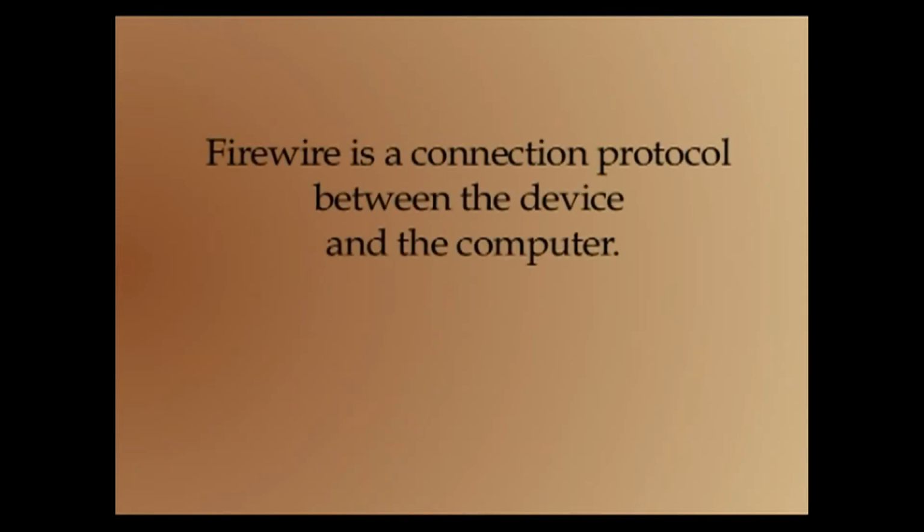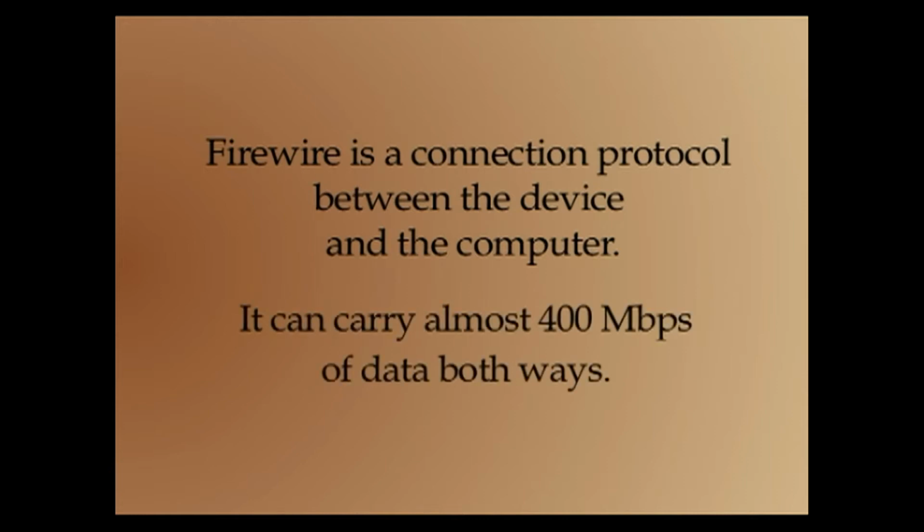But what is Firewire? Firewire is a connection protocol between your device, that is a computer in this case, and the VTR. Firewire is a special kind of cable and a connection protocol which carries almost 400 Mbits of data both ways. (1394B) is Firewire 2, which is capable of carrying almost 800 Mbits per second.